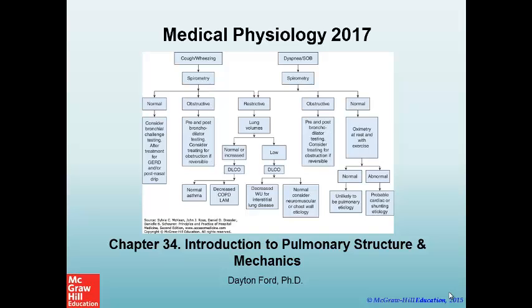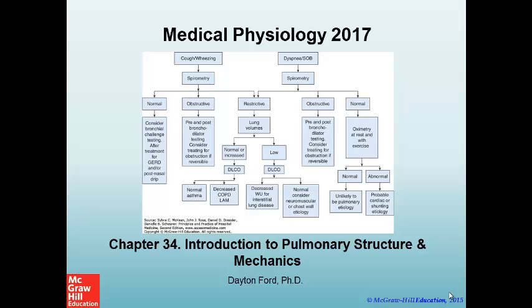And number two, we have to get oxygen from that air into the blood and get rid of CO2 and expire or exhale that. So we've got pulmonary mechanics, ventilation, to deal with, and then we've got gas exchange and transport to deal with. So we're going to do that in two separate topics.